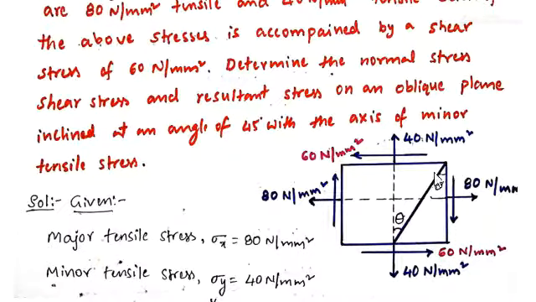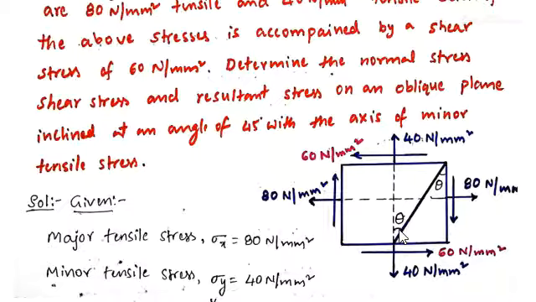So to calculate normal and shear stresses on this oblique plane, we have some formulas, and those are in terms of sigma x, sigma y, and in terms of theta also. But the theta, as we have calculated in the theory part, is measured with respect to the cross section of the member, or in this direction.